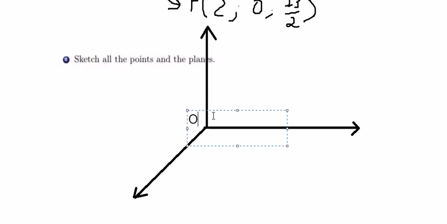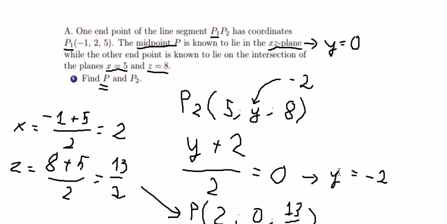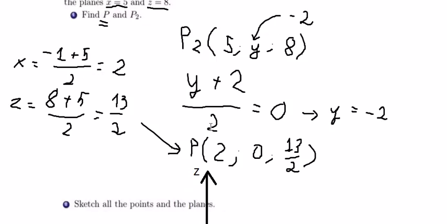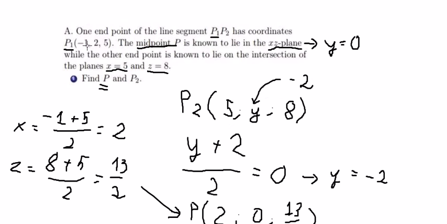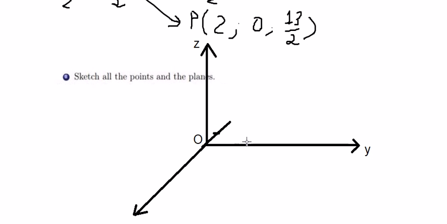This is the origin in here. This is x, this is y, and that's z. So we have the location negative 1, 2, 5. That should be in here somewhere. And we have negative 1, 2, that's y, and 5 in here.